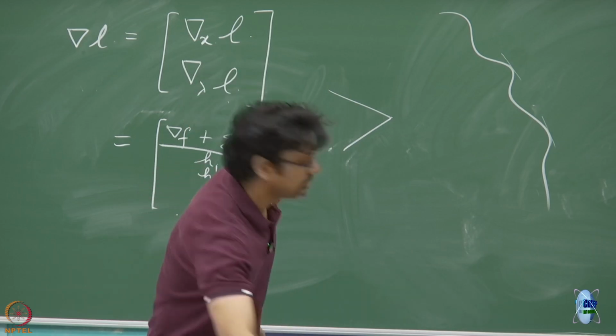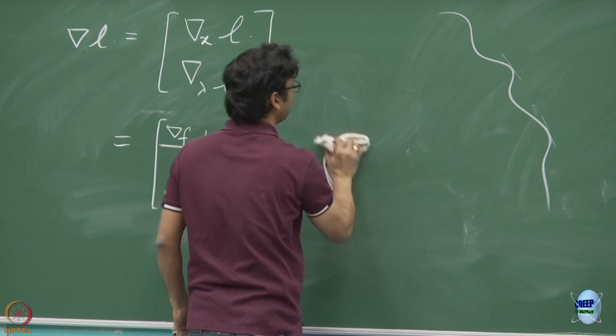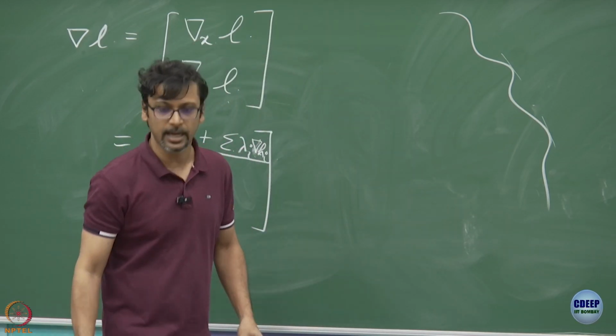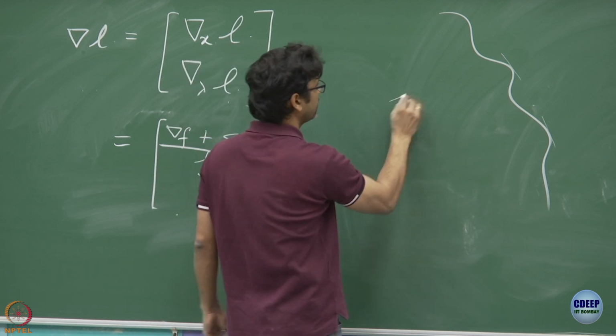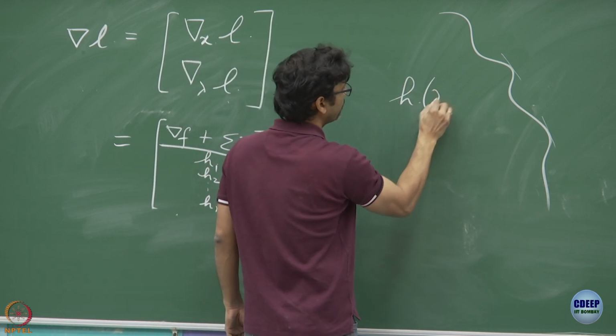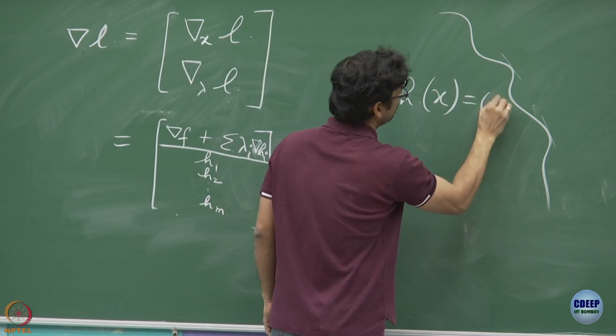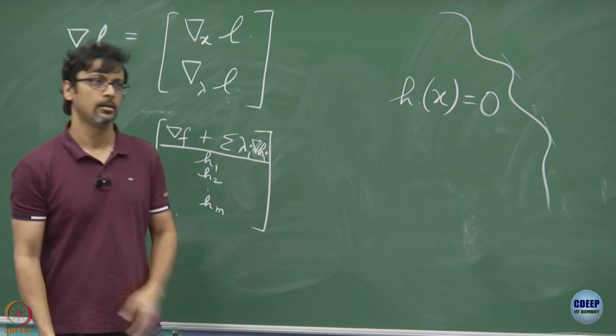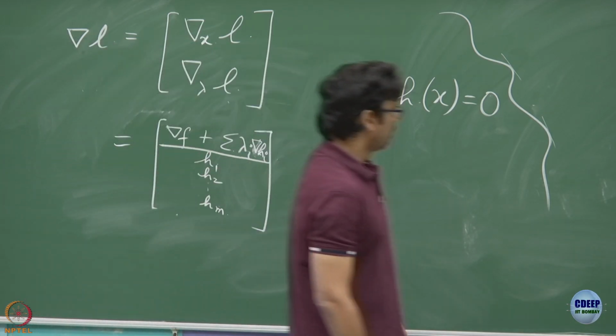We know that the angle of incidence and angle of reflection are equal, so we're going to try and see that. Suppose this curve is given by h of x is equal to 0. Okay.